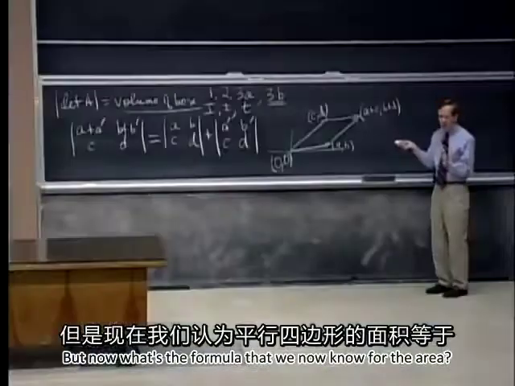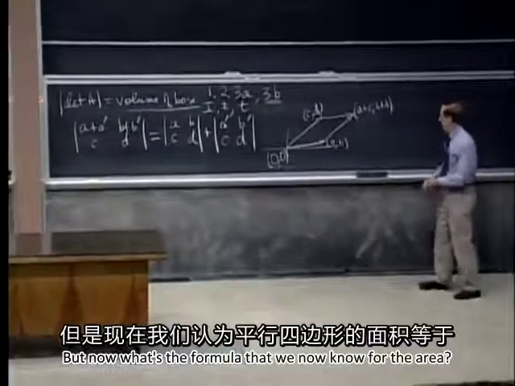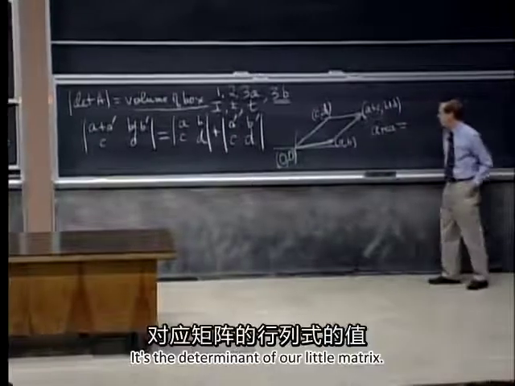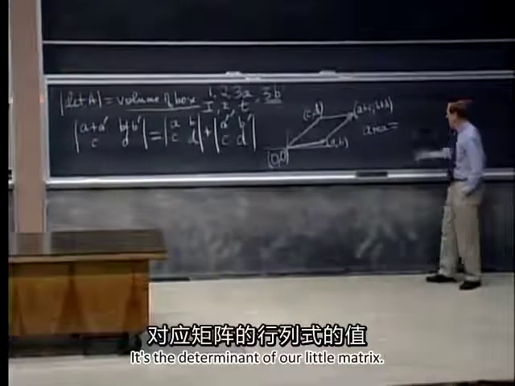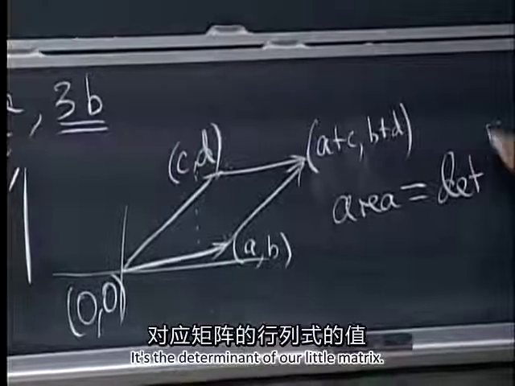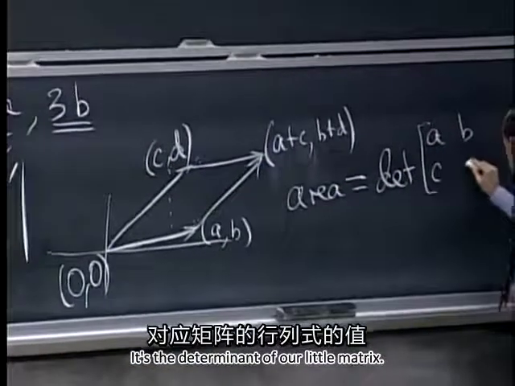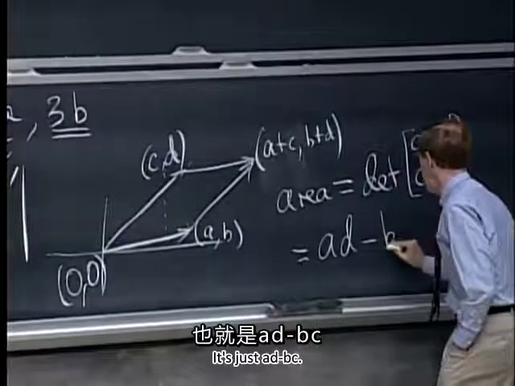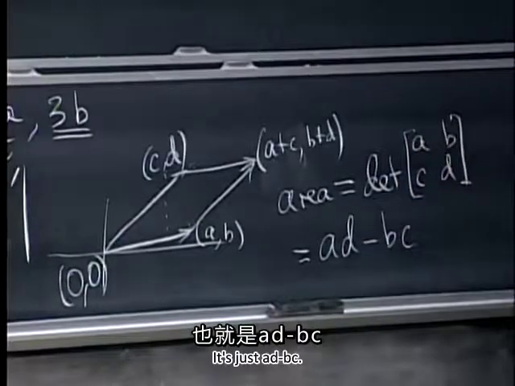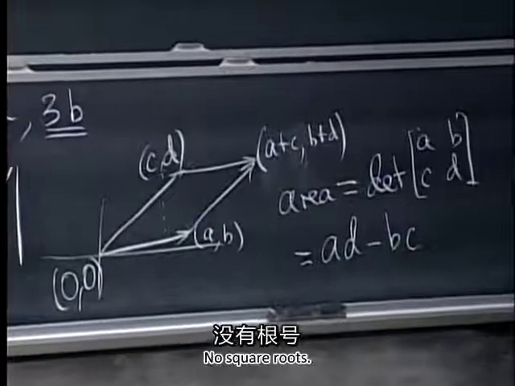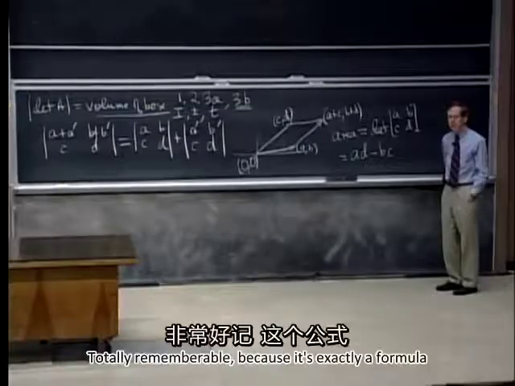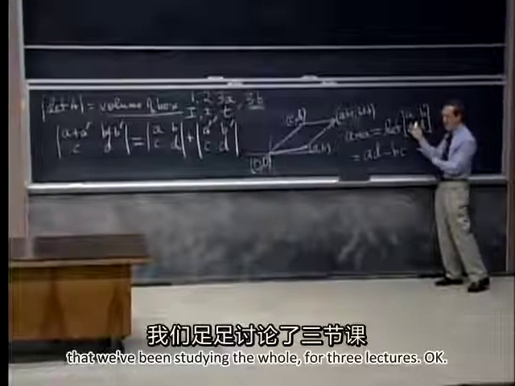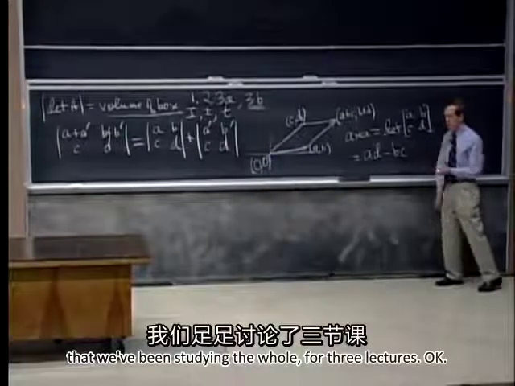But now what's the formula that we now know for the area? It's the determinant of our little matrix. It's just AD minus BC. No square roots. Totally rememberable because it's exactly a formula that we've been studying for 3 lectures.